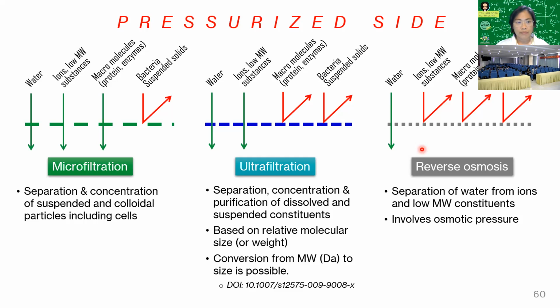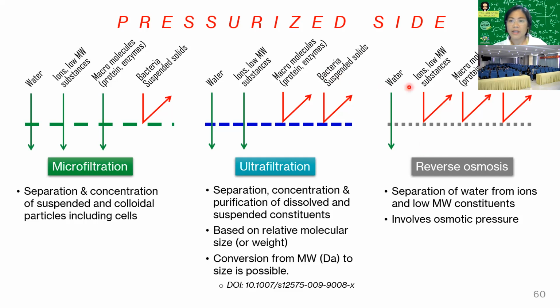As you can see, if you want to separate and purify something, sometimes you have to go through a series of processes. You may have to go through filtration first, before microfiltration, before ultrafiltration, and before reverse osmosis.